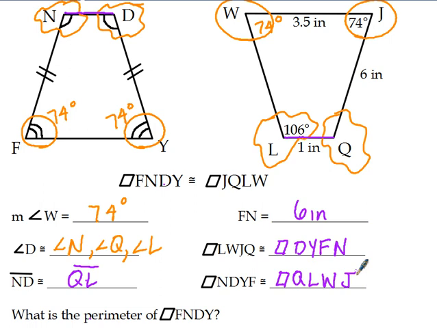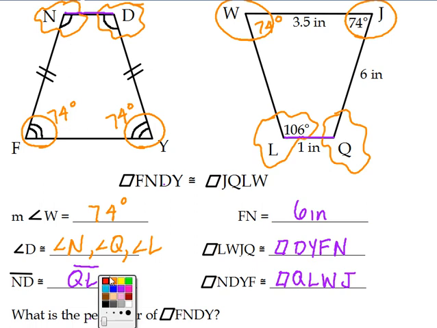And finally, perimeter. This is the first time that we've talked about perimeter, but hopefully you remember the perimeter is just the outside edge. So the perimeter of FNDY is going to be the same as the perimeter of this one. Both quadrilaterals are exactly the same, so the perimeters are the same. So I can see, let me change colors real quick.